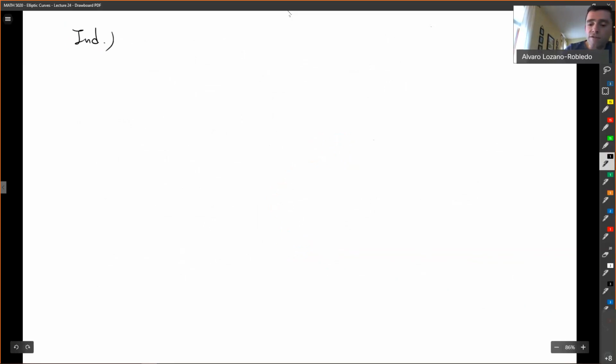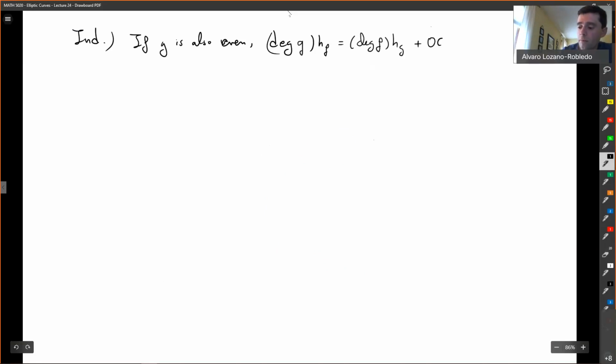For the independence, if g is also even, then what I proved is that what I call the exchange rate between f and g was just bounded by a constant.